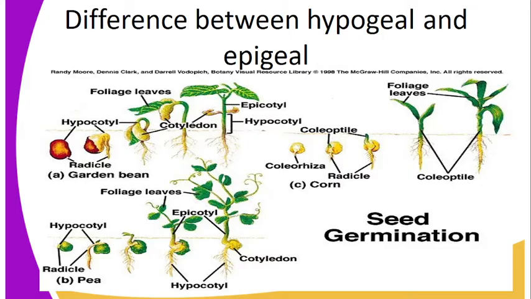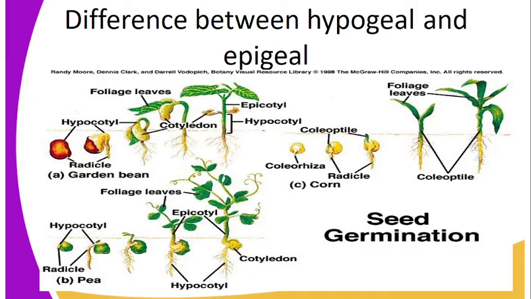And in hypogeal germination, represented by the maize seed, the cotyledons remain below the ground. You have to know this well.